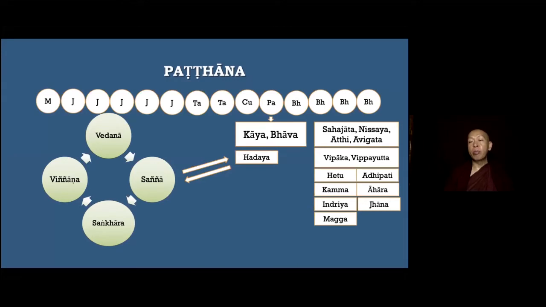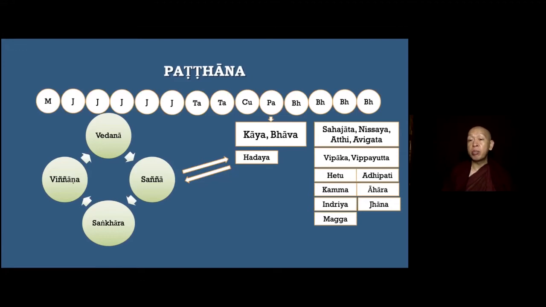So at the reverse moment, at the very beginning of this life, we have only three rupa-kalapas: kaya, the body decad kalapa; bhava, the sex decad kalapa; and hadaya, the heart materiality, the heart decad kalapa. Only three kalapas. Then it is sahajata, when they are arising together.